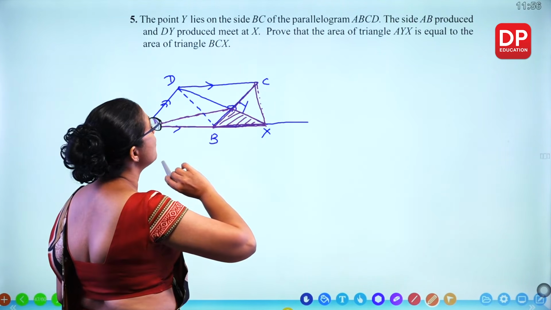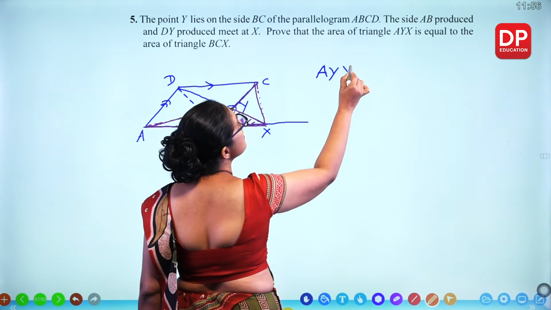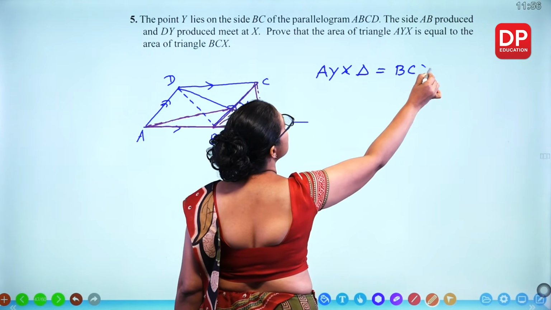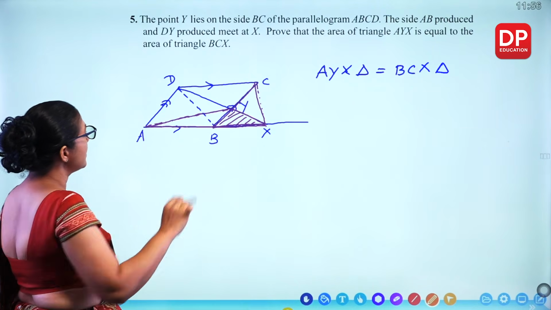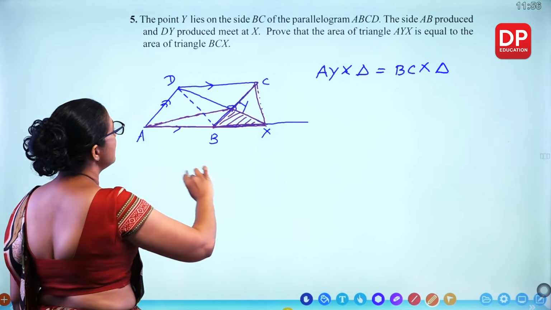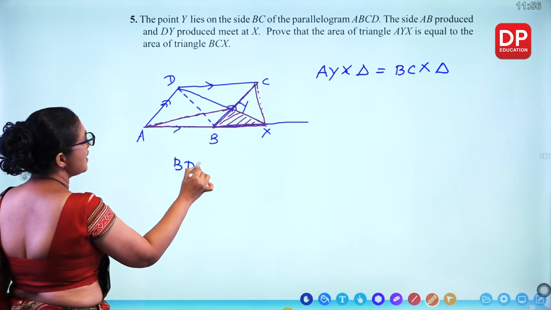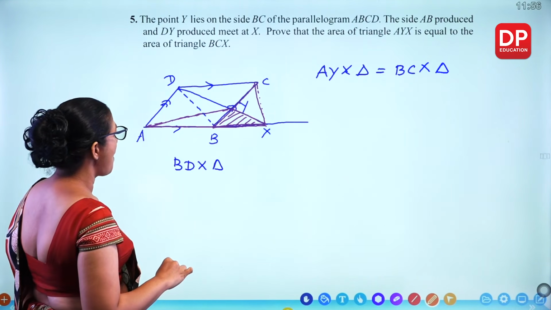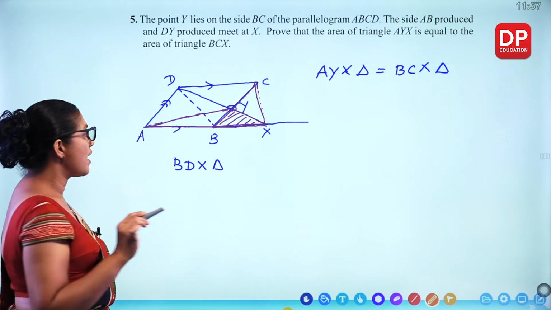We'll first write down that, prove that AYX triangle is equal to BCX triangle. We'll take BDX triangle and BCX triangle. What can you say about those 2 triangles?